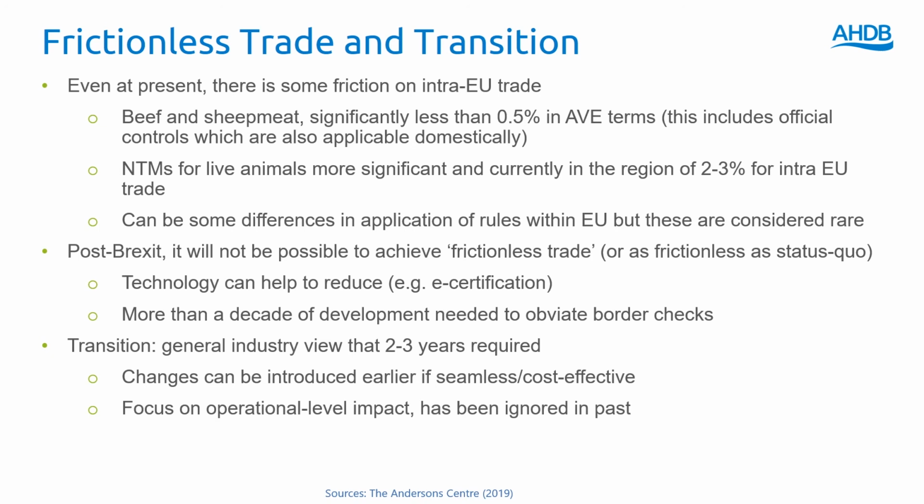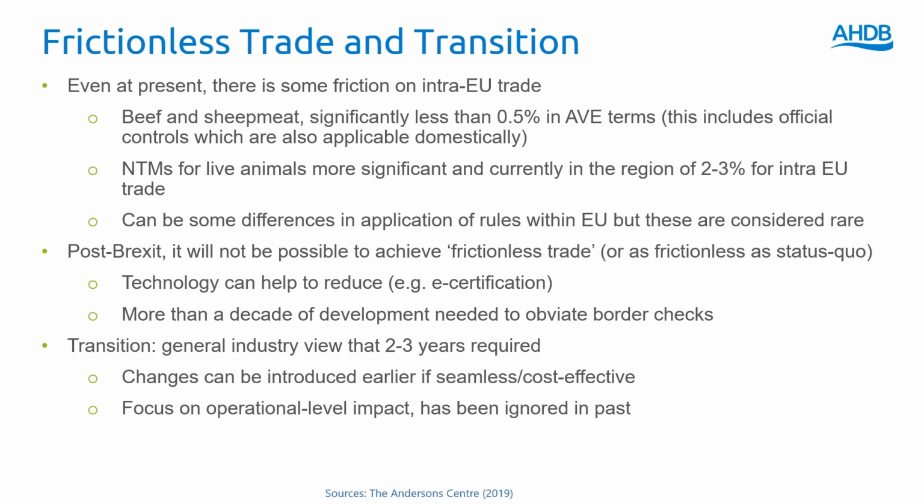And some believe that if there are changes that can be introduced within that time period, if they're seamless and easy to implement, then they should be brought forward. But an important point that industry makes in this context is that it's important to look at the operational level impact of these changes. Sometimes there is a temptation to look at the policy level only. It needs to be aligned at the operational level as well, otherwise that can create some unexpected issues into the future.